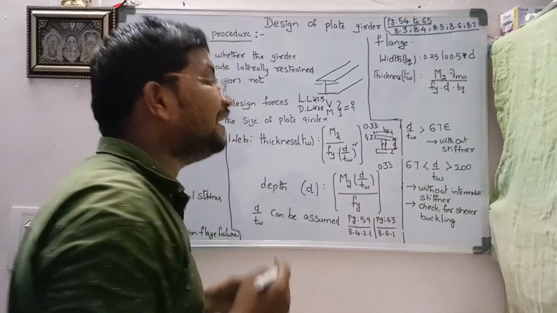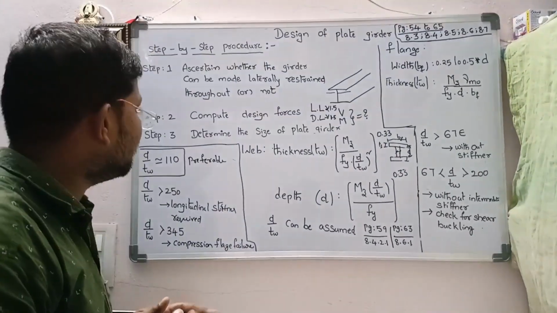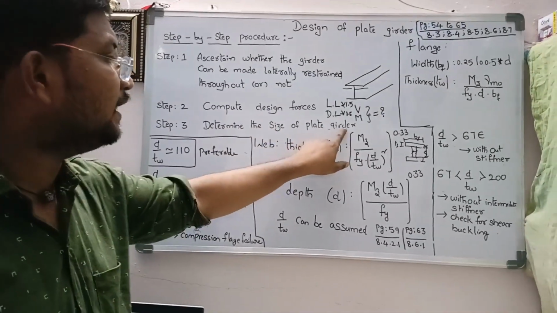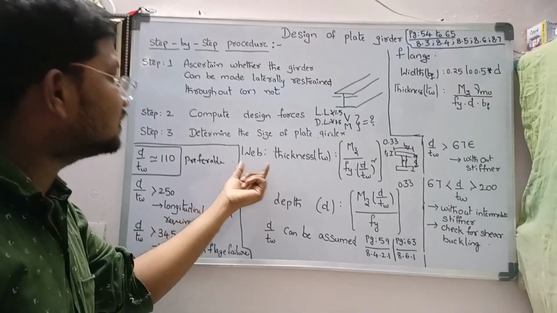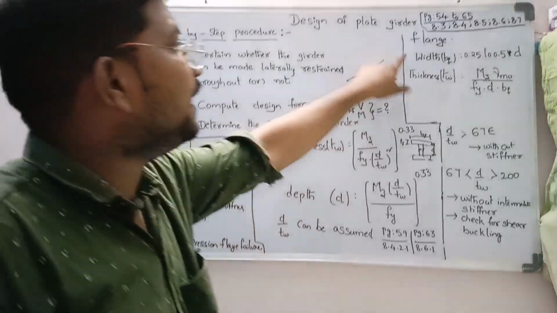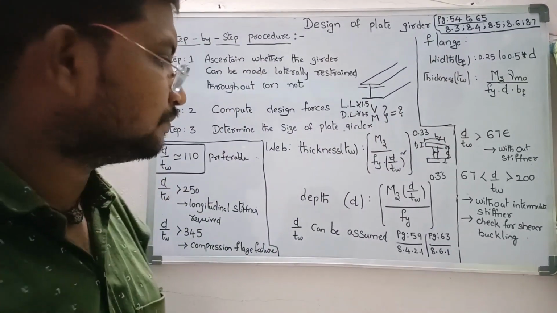In step number 3, we need to determine the size of the plate girder, which includes thickness of the web, depth of the web, width of the flange, and thickness of the flange.